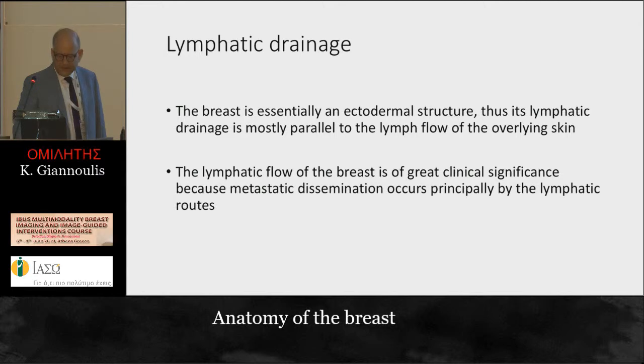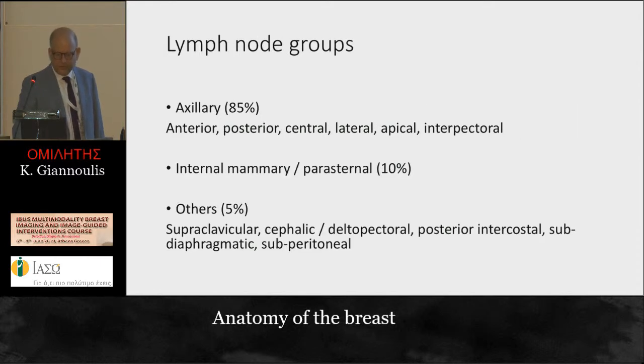The lymphatic drainage is very important, obviously, because the breast is essentially an ectodermal structure. Its lymphatic drainage is mostly parallel to the lymph flow of the overlying skin. The lymphatic flow of the breast is of importance because metastatic dissemination occurs primarily by the lymphatic routes.